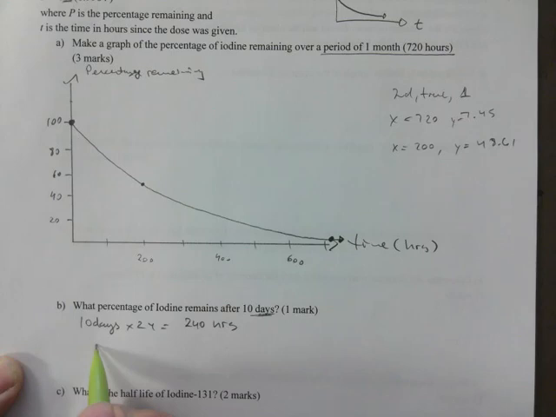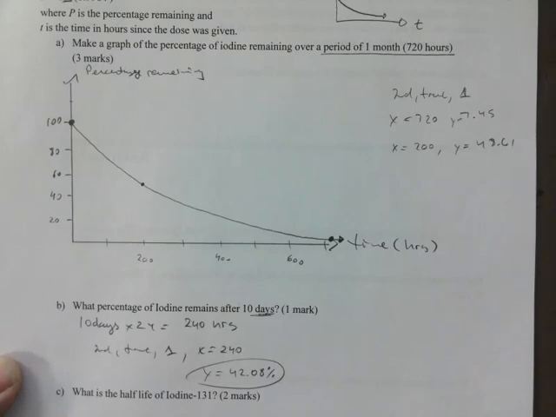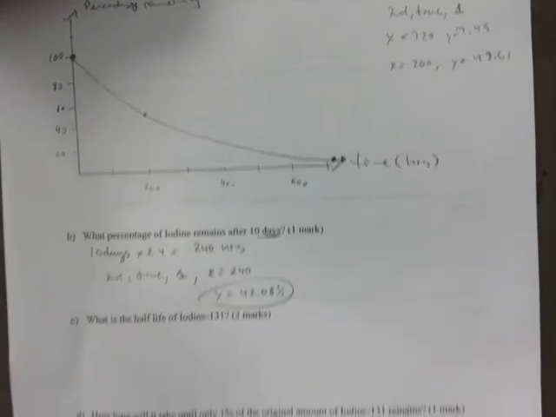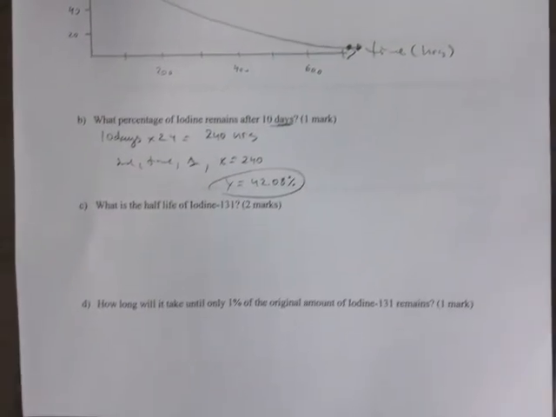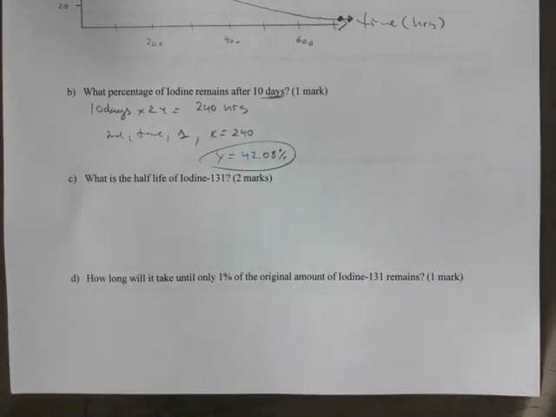So you just go second, trace, value, x is equal to 240, y is equal to 42.08%. So there's 42.08% remaining in the body after 10 days. This is somewhat accurate. I wouldn't say exactly, but I try to make it as real as possible.